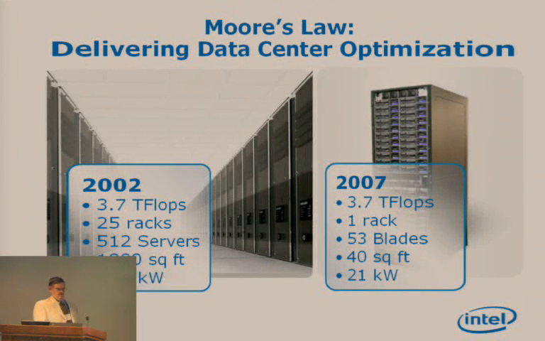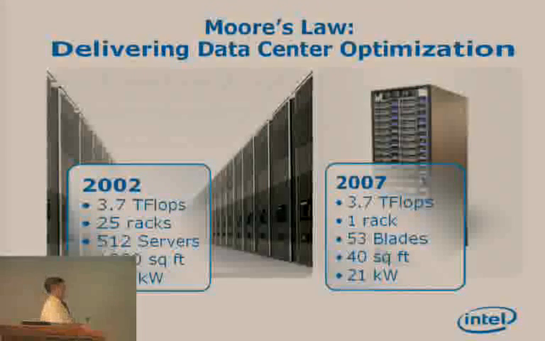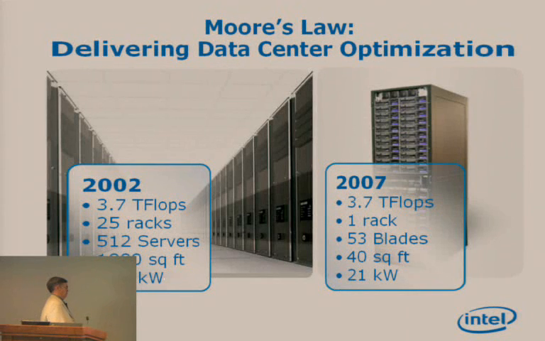Now, I don't want to minimize the engineering difficulty of getting 21 kilowatts of power into one rack and getting that much heat out of that rack, but it can be done, and it is being done. But what I would call attention to is this rather remarkable drop in energy required.